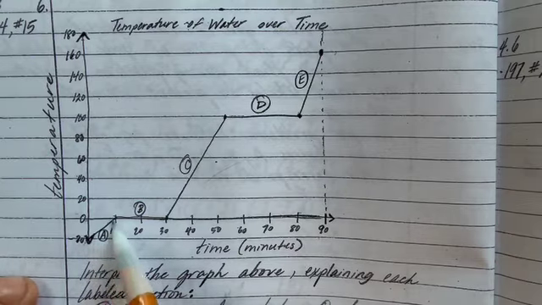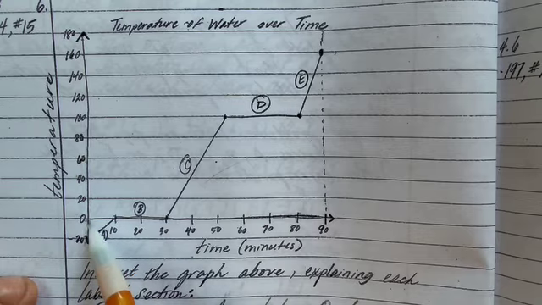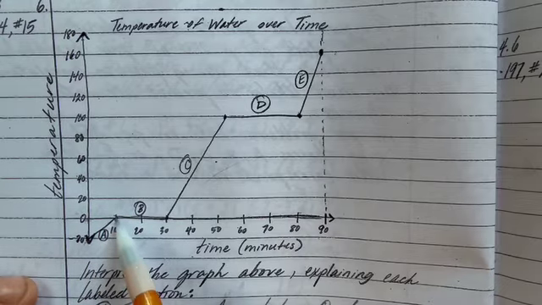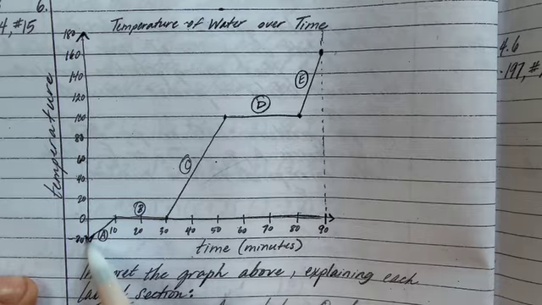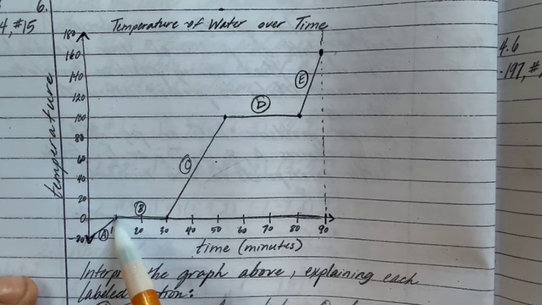So if I'm going to interpret the A section right here, I can see that from the time I start measuring to 10 minutes, the temperature is rising. It's coming from -20 degrees up to 0 degrees.